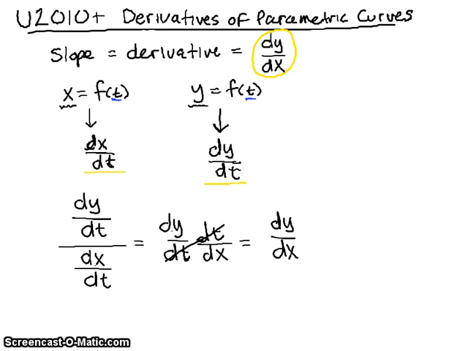Now, it's going to be a little bit different for our second derivative than what you would just imagine. So if we think about where we currently stand, we have a dy dx. Now, we know that the second derivative can be written d squared y over dx squared. But our function is defined in terms of t, not in terms of x.